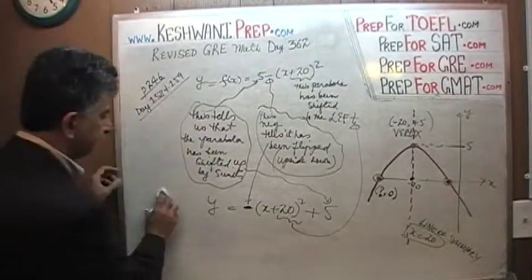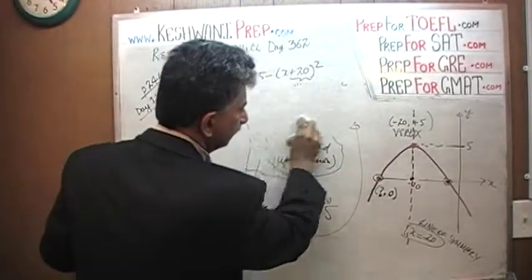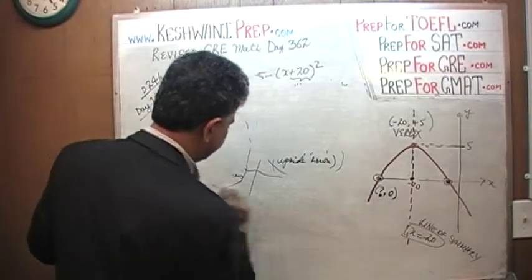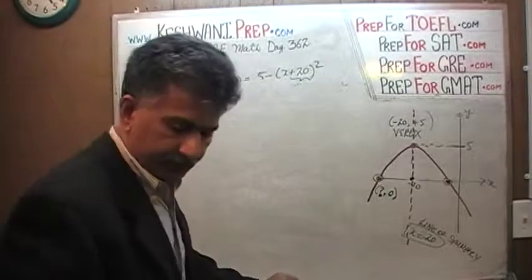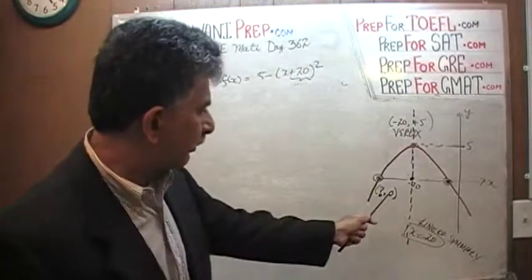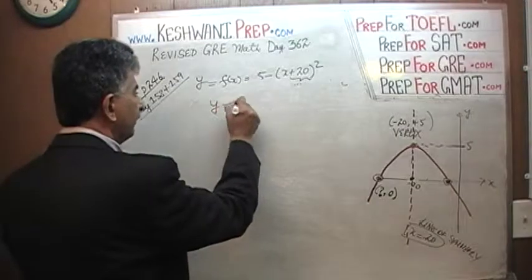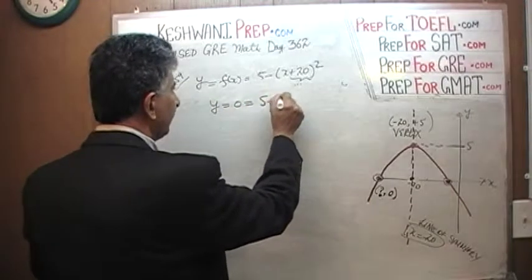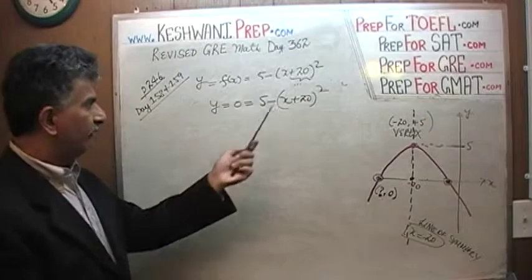Let's erase everything. So like we said, y is equal to 0 right here. This is our y. So we set it equal to 0, which equals 5 minus (x plus 20) squared, and we solve for x.